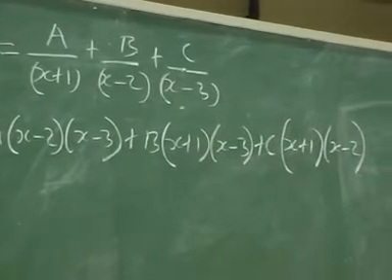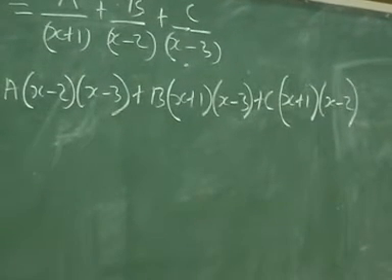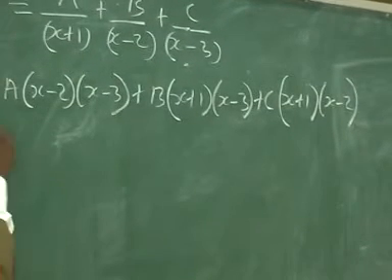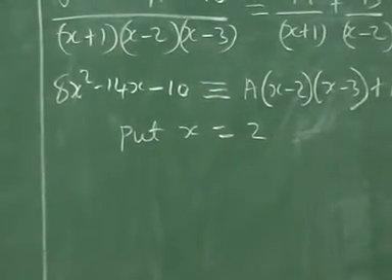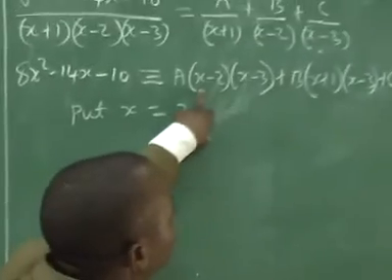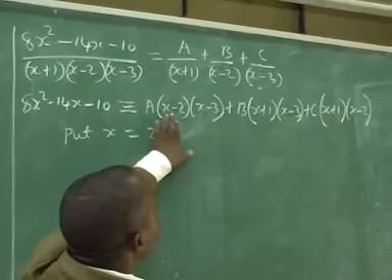Alright. So if I have this, I'm going to put x equal to 2. You know why? Because if I put 2 here, then everything here will be 0. When this one is 0, A will be 0.